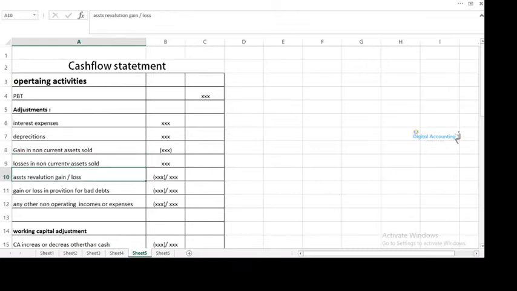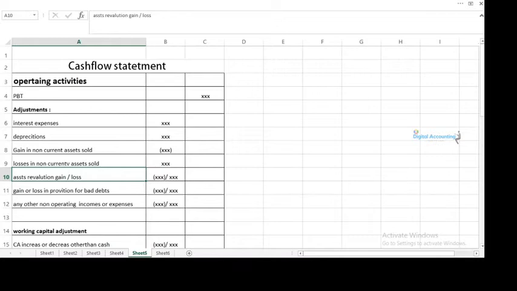And the asset revaluation gain and loss. This is a very broad chapter, if you are familiar with the preparation of the income statement. There are several methods of accounting for revaluation gain or loss, for example if the company revalues for the first time. That is a very broad chapter, and I can't cover it here, because it would take too much time.